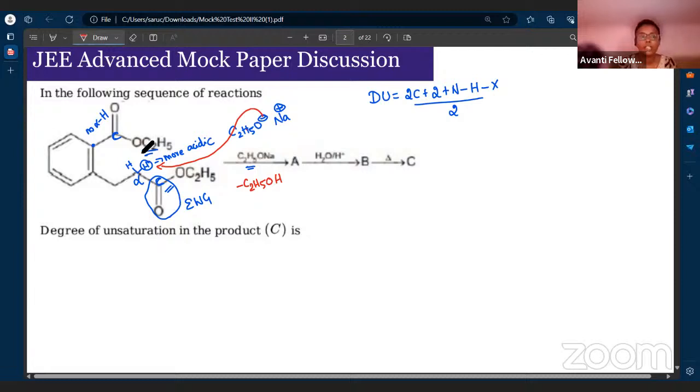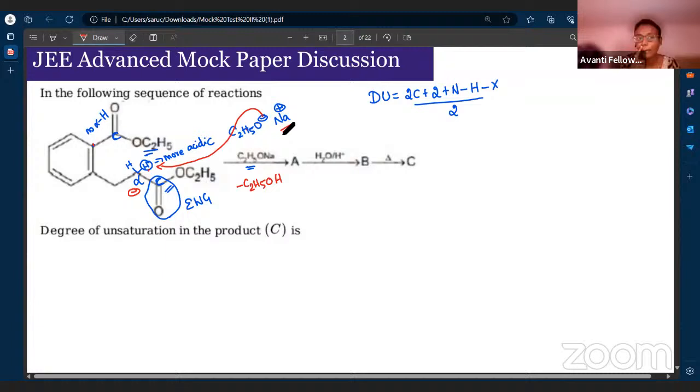There is no alpha hydrogen over here, that is why I have not taken hydrogen from this carbon. Only here I have hydrogen, so I have taken it out. So this carbon will have a negative charge.